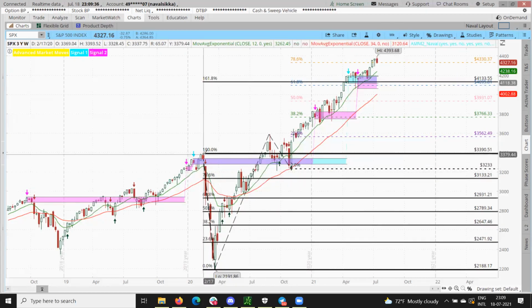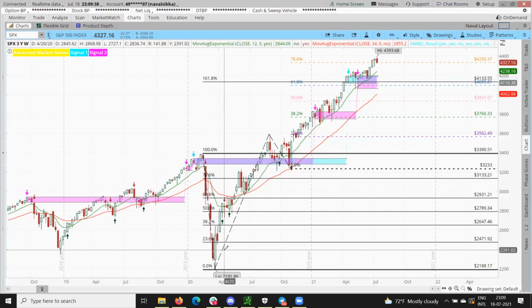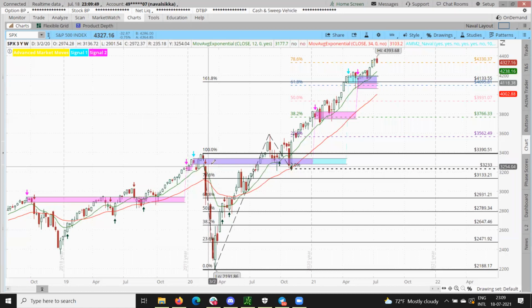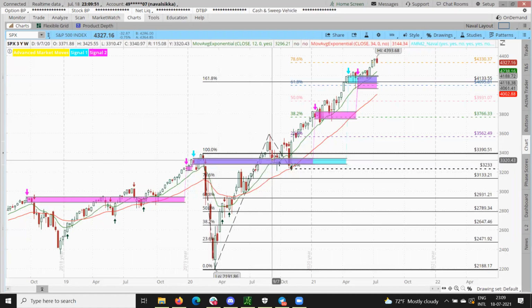This tells me how much bounce I can have. Once you try this, you will see the difference. And once you start to incorporate that difference in your numbers and your levels, you will see the way to use extensions, the way not to use extensions, and the way to use retracements.